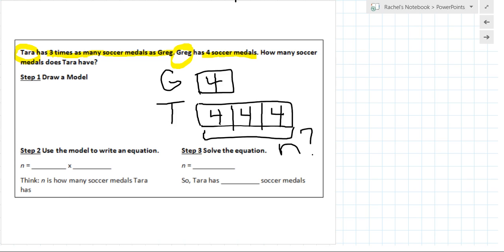So our equation can be n equals 4 times 3, or 3 times 4, because there's 3 boxes with 4 in it, using our basic facts, or counting 4 plus 4 plus 4. n equals 12, so Tara has 12 soccer medals.